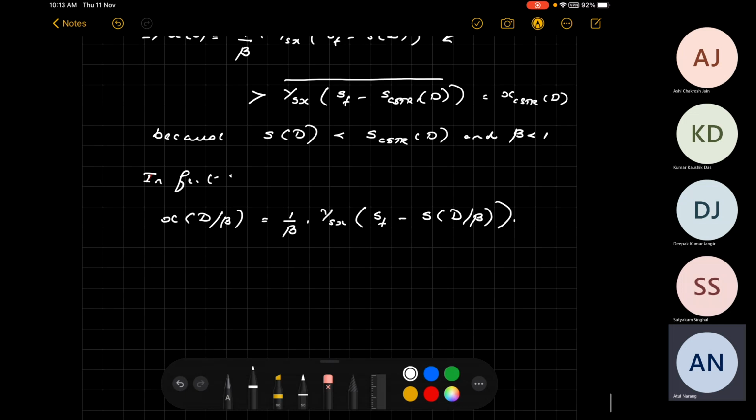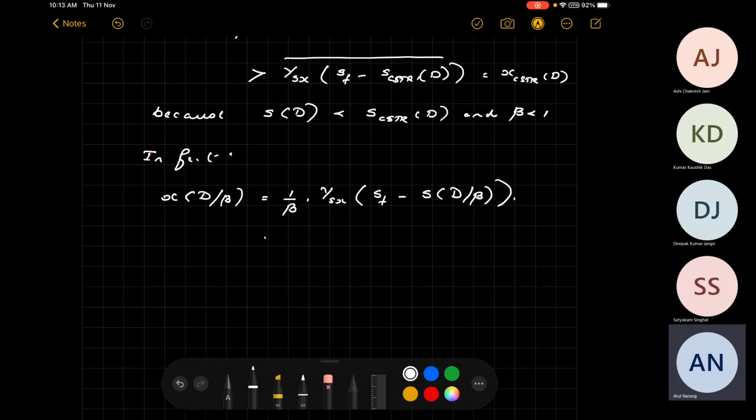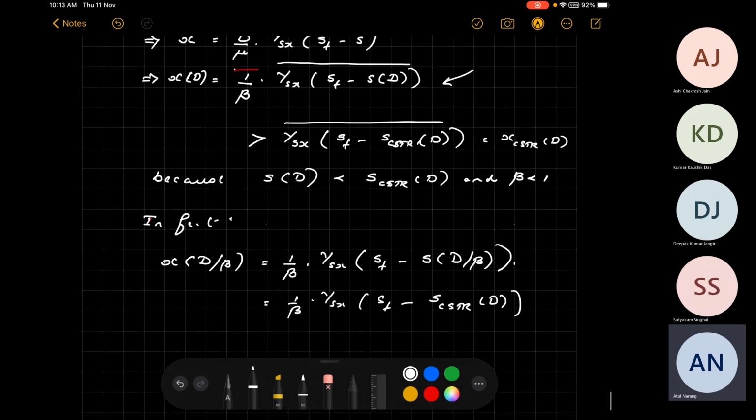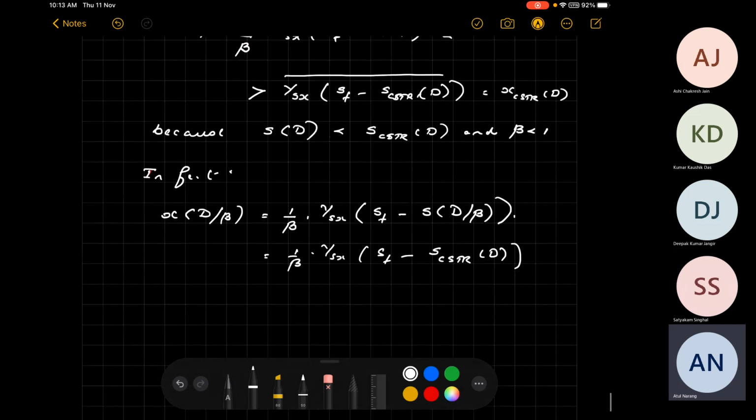But we have already shown that S at D over beta is nothing but S_CSTR at D. This is what we showed earlier on. S at D over beta is equal to S_CSTR at D. In other words, whatever the CSTR does at D, the recycle reactor does at D over beta. That's the expression I'm using over here.